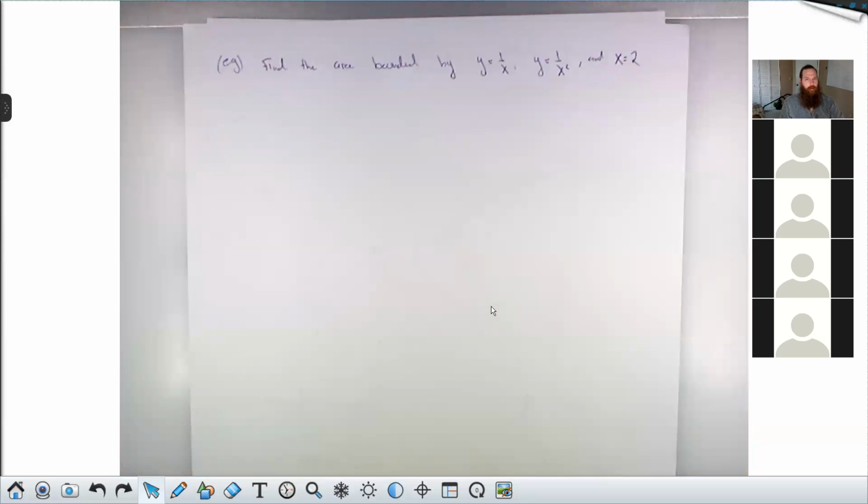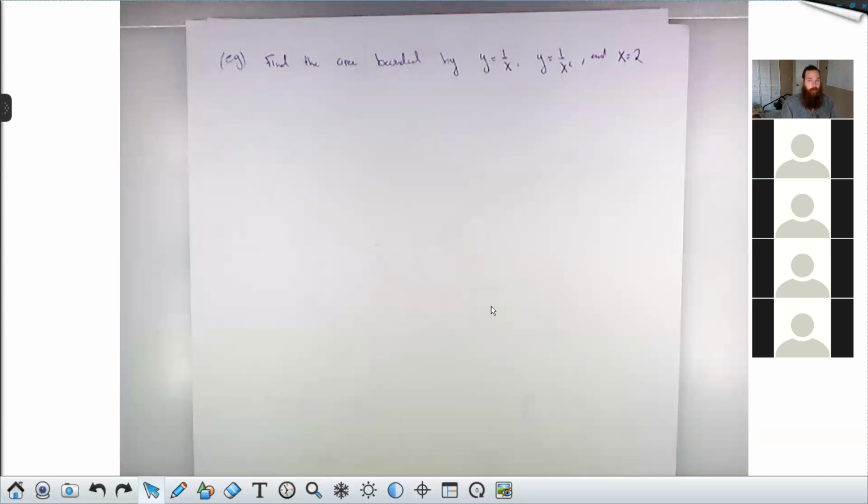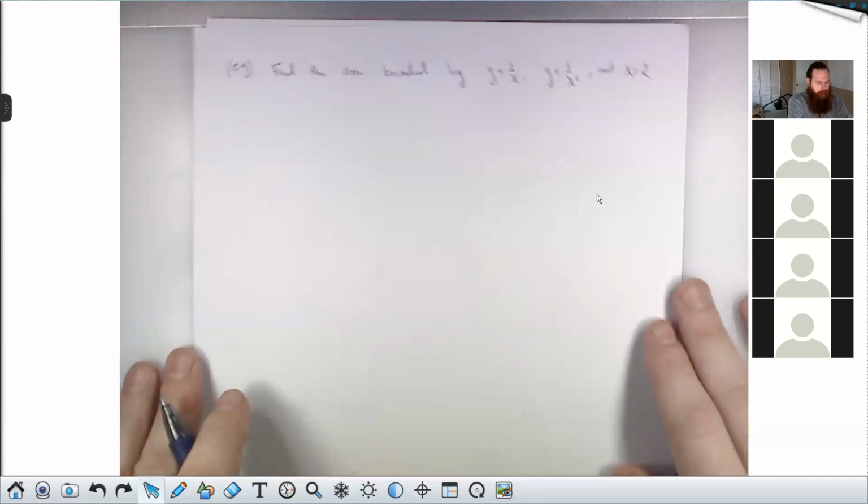So I want to find the area bounded by the 3 curves, or the 3 equations, y equals 1 over x, y equals 1 over x squared, and x equals 2.